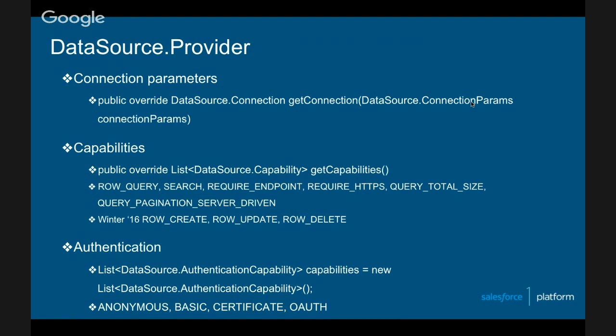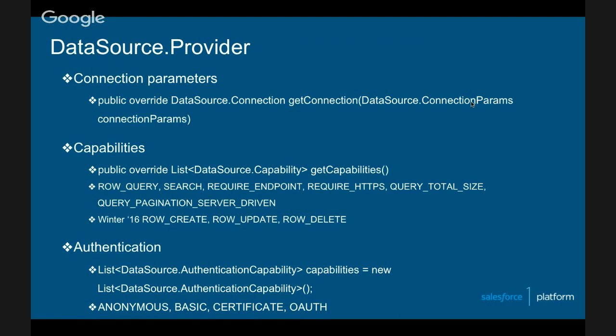Query total size and query pagination server driven. These are for basically pagination of your data. So you can enable this by saying, I want my query total size to be 50 records. And providing that your endpoint supports it, you could pass that parameter over to your endpoint and request 50 records, bring that back along with some information about where you are essentially in that query locator on the external system.